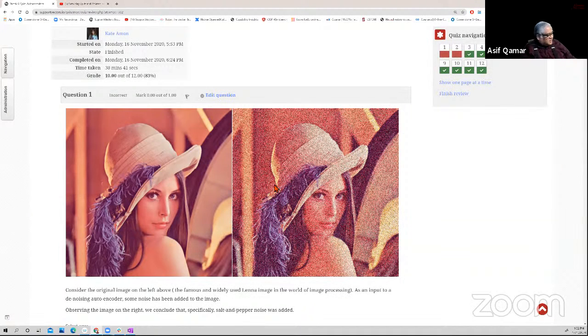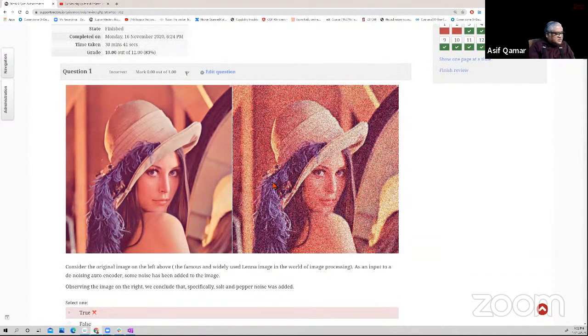All your textbooks will have it. It's sort of iconic. For some reason, the field decided that this would be the picture to use for seeing the effect of different algorithms and so forth. So it's called the Lena. And I believe it was first taken from Playboy.